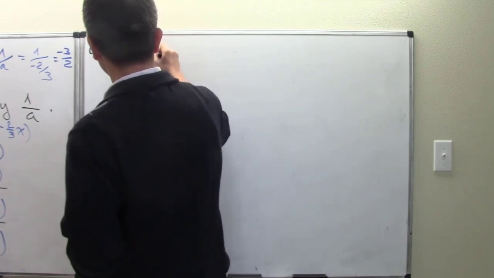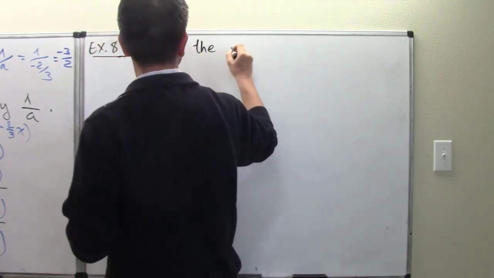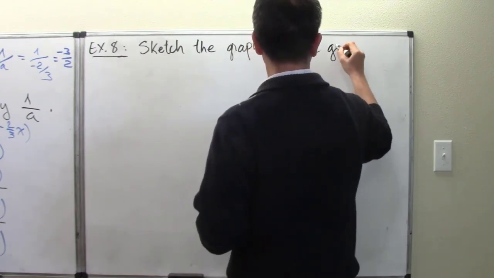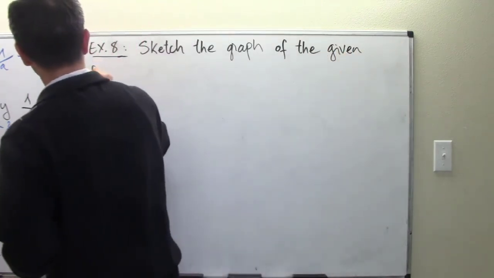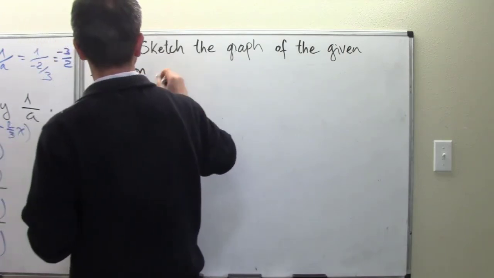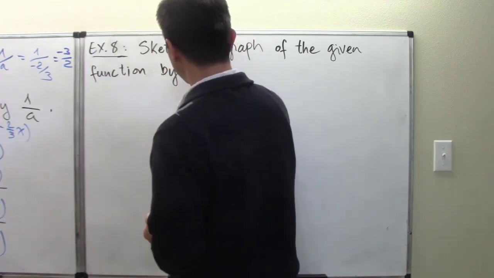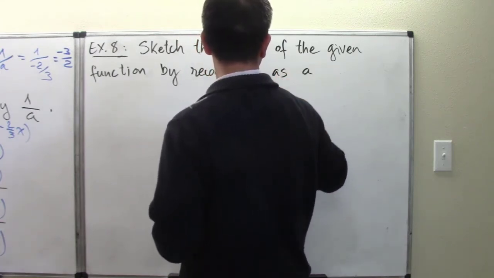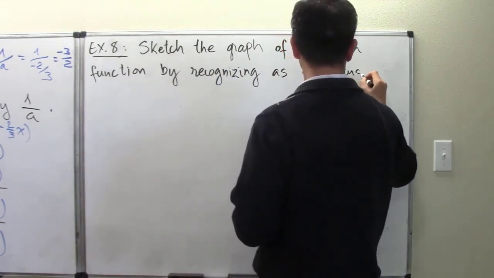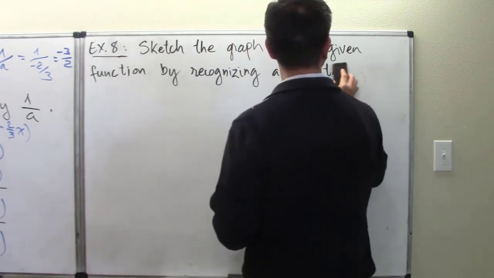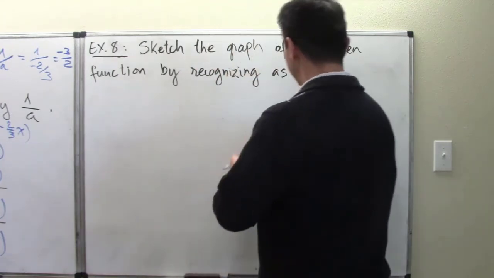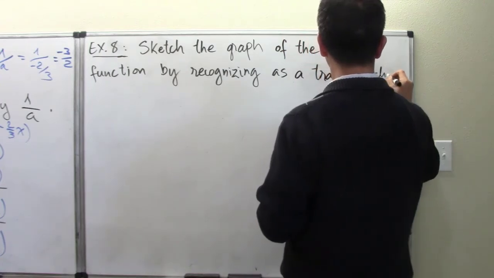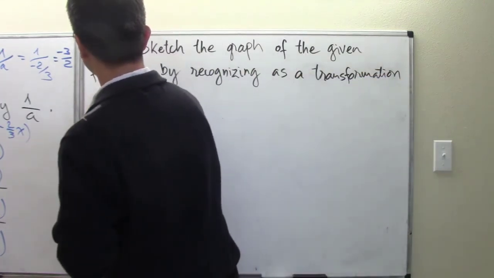I want to sketch the graph of the given function by recognizing it as a transformation of a known function.